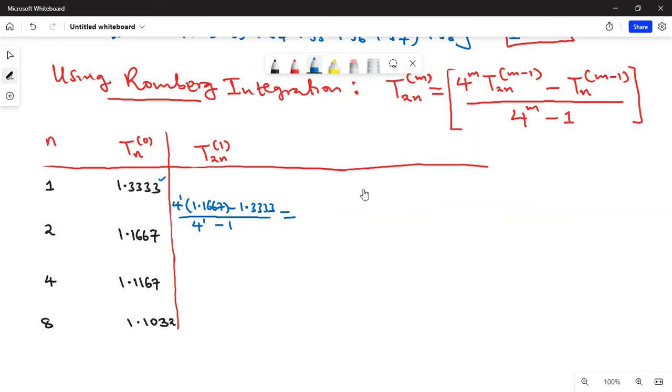So write your answer. That will give us 1.1112.